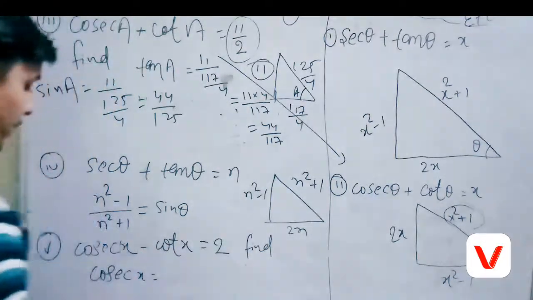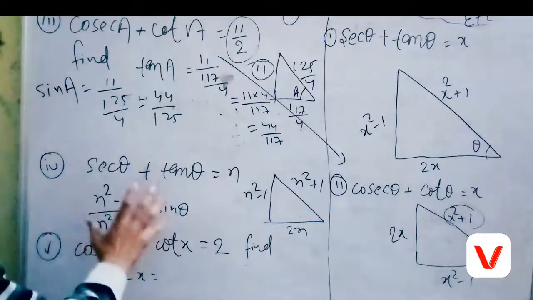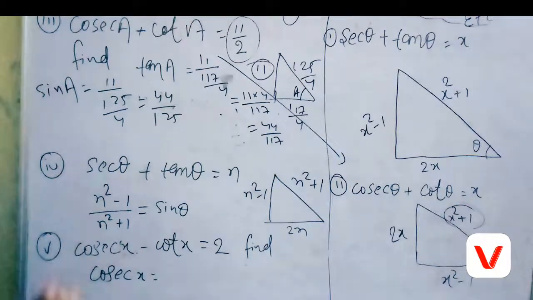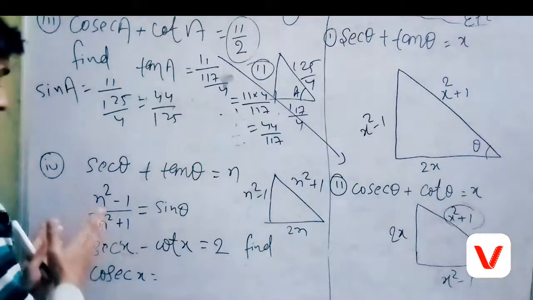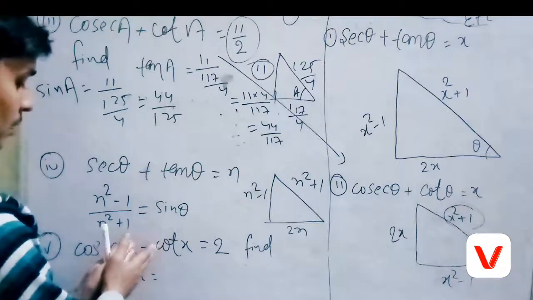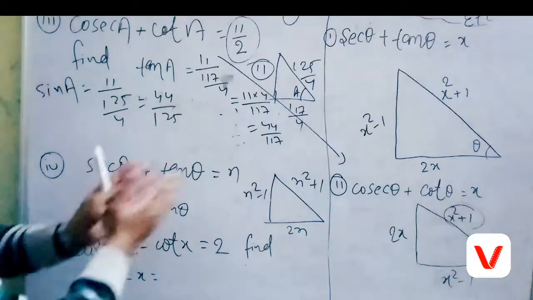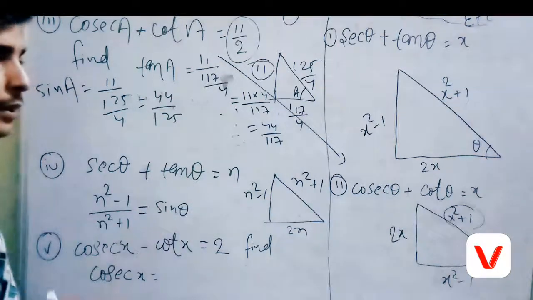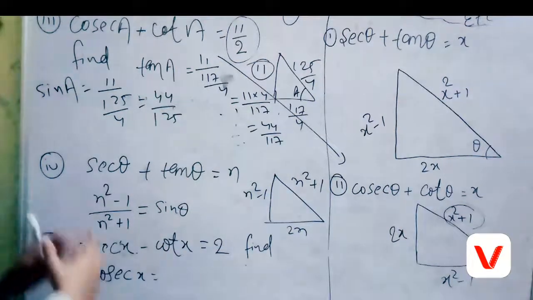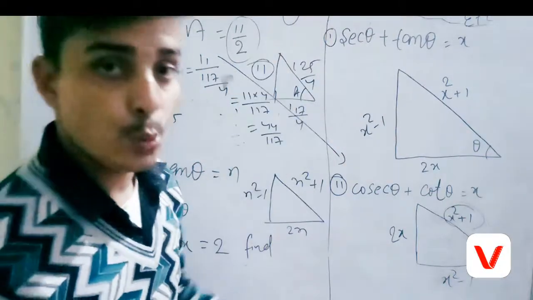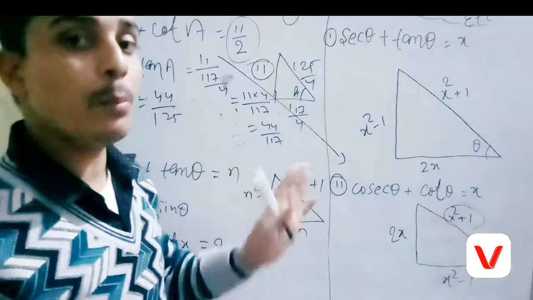Find the value of cosec x. It doesn't matter whether it is plus or minus. If you have plus, just put it between cosec and cot, and plus between sec and tan. In both conditions we can use the same tricks.